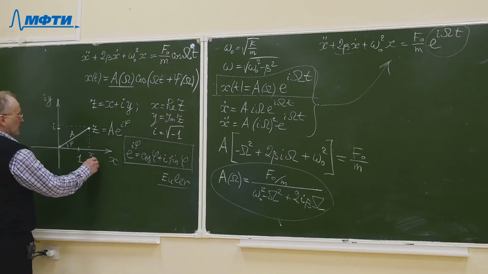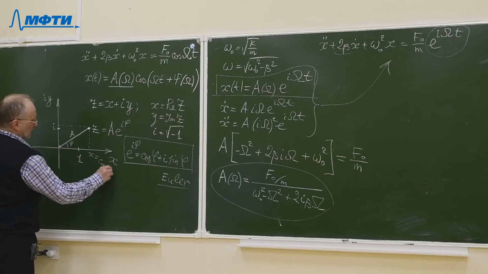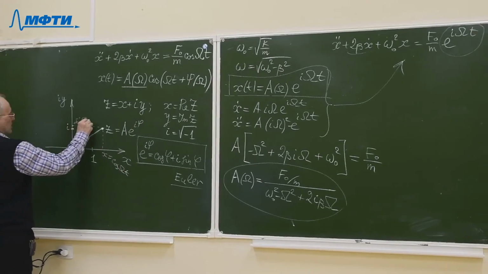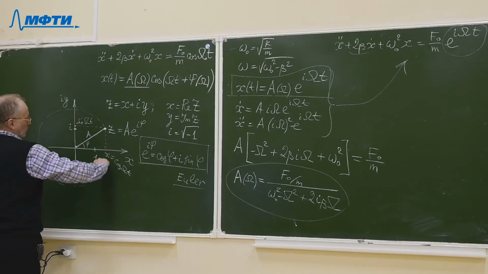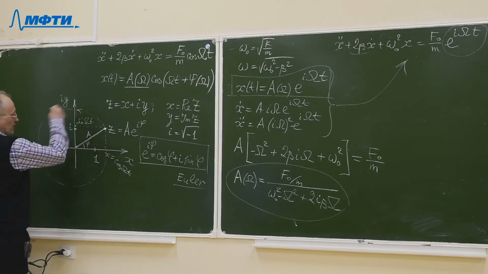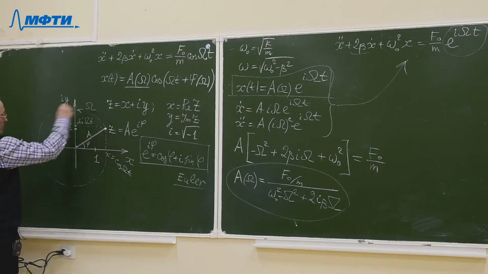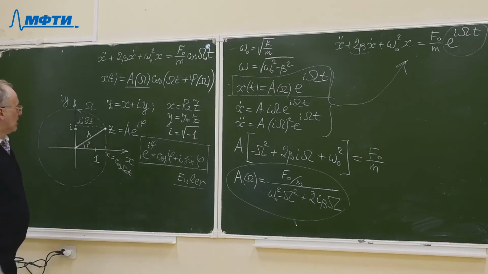What does it mean if x is proportional to cosine omega t and y is proportional to sine omega t? It means that this point is rotating at some frequency omega, going along the circular trajectory on this complex plane.